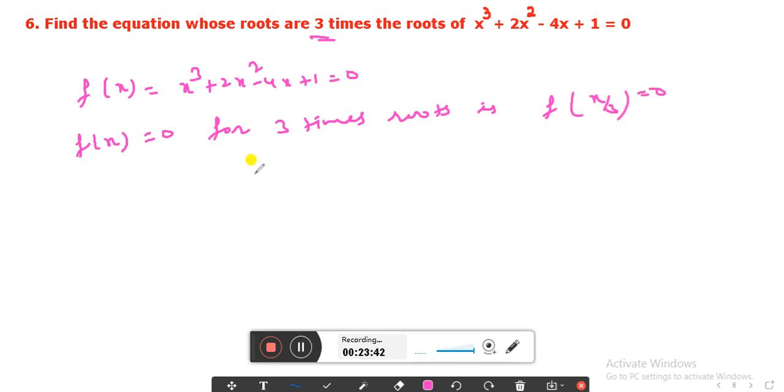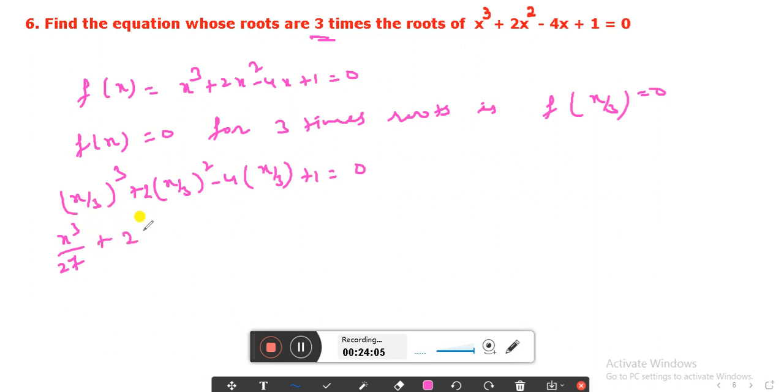So x by 3 whole cube plus, in place of x we have to write x by 3, that's it, 2 of x by 3 whole square minus 4 of x by 3 plus 1 equals 0. It becomes x cube by 27, since 3 cube is 27, plus 2 into x square by 3 square, which is 9, minus 4 by 3 of x plus 1 equals 0.